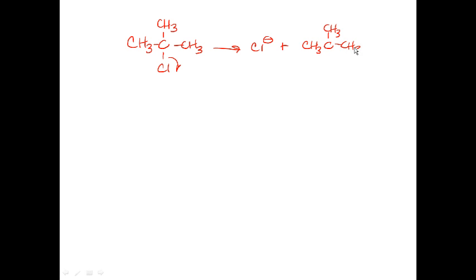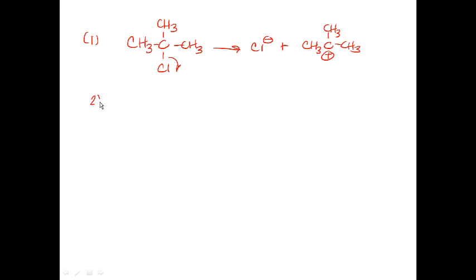So just writing out the steps of this mechanism as two discrete steps. We've got, starting with the tertiary butyl chloride, we break the carbon-chlorine bond to form a Cl- and this carbocation. That's step one of the mechanism.